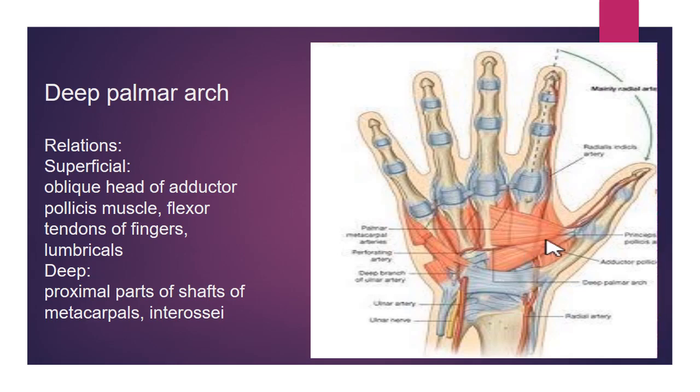Or you can say the deep palmar arch lies deep to the transverse head of adductor pollicis, all the long flexor tendons and the lumbrical muscles of the hand. In addition to that, the deep branch of ulnar nerve lies within the concavity of this arch. This is the concavity of this arch within which the deep branch of ulnar nerve lies.